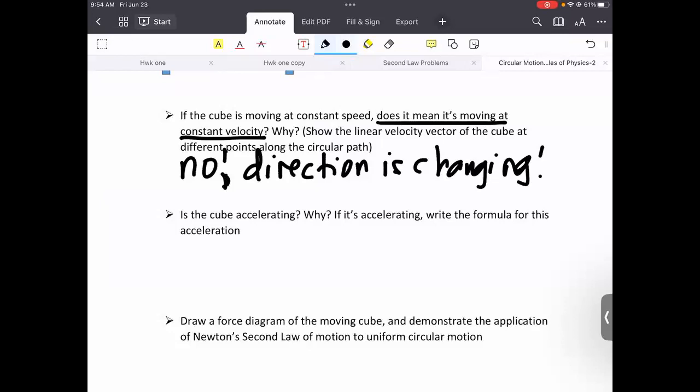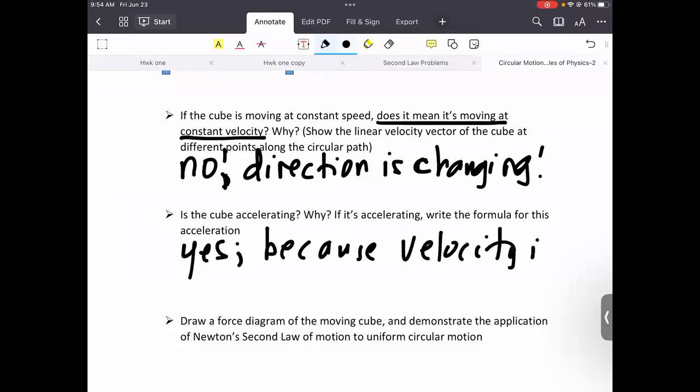Acceleration is the rate of change of velocity with respect to time. So here it is the velocity that matters. If the velocity is changing, then the cube is accelerating. So yes, because velocity is changing.